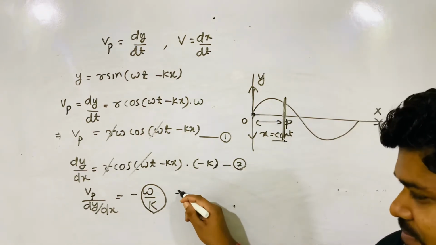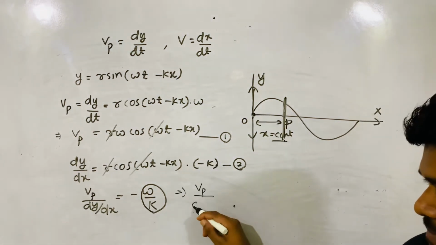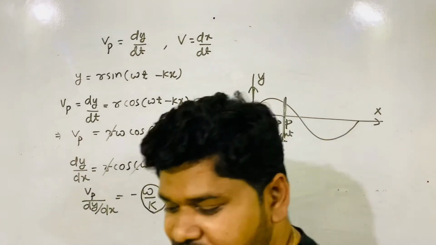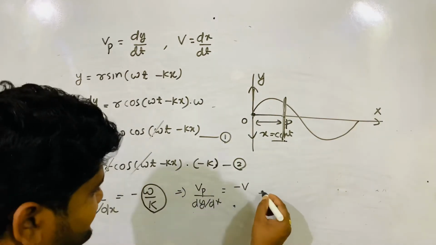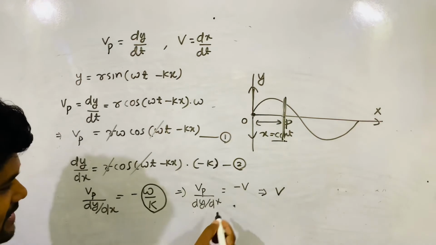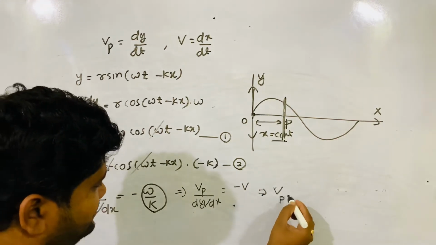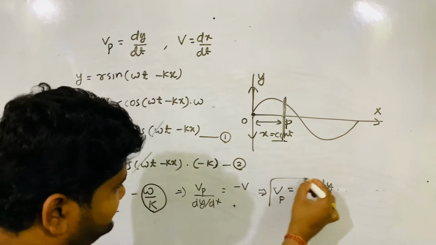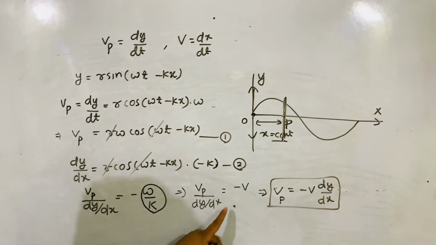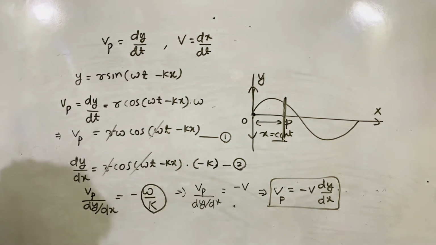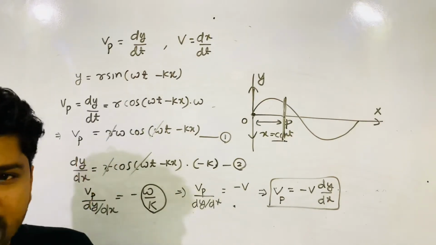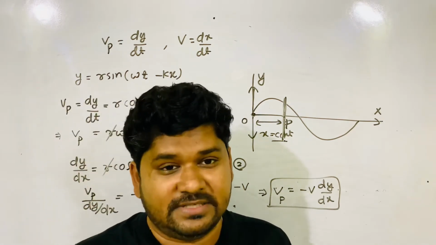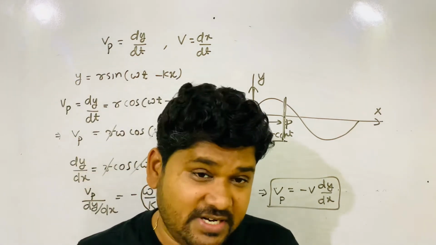So Vp by dy by dx is equal to minus the wave velocity V. So I can write Vp is equal to minus V dy by dx. This is the relation between particle velocity and phase velocity. So we got the relation.